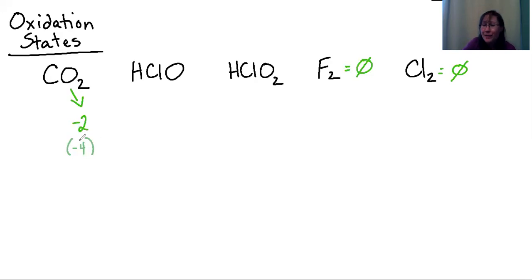But it's easier to keep track of them when we see what our contribution is. If the oxygen contribution is -4, then the carbon contribution has to be +4. In this case, there's only one of them, so in order to balance out the -2s on the oxygen, we need a +4 for our carbon oxidation number.